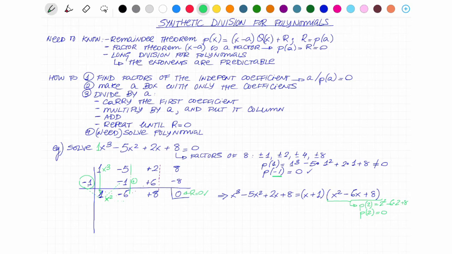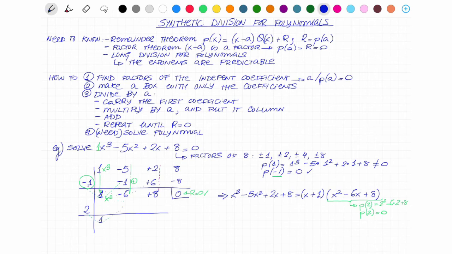So I could come here and repeat the same process. That's what this one is very handy for things that have a high degree. I can put the 2 here and do the whole thing all over again. The 1 I'm going to carry, so it comes here, and then I will multiply these two and put them in this column.